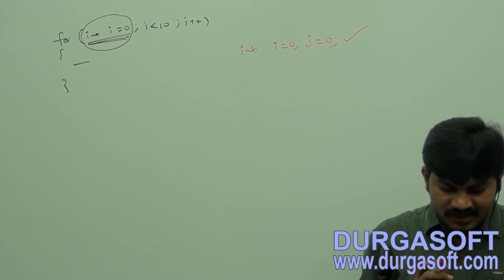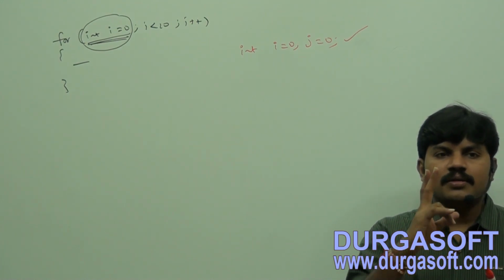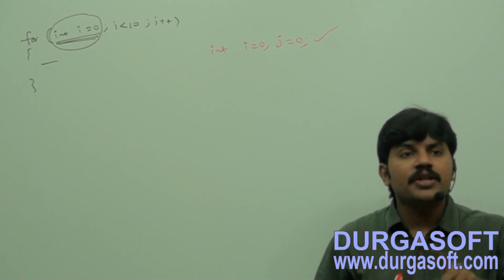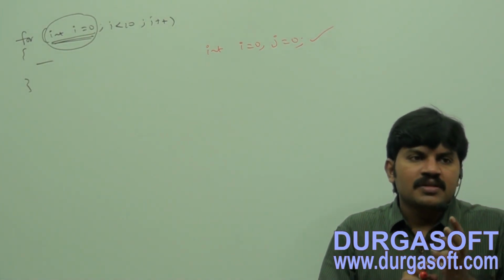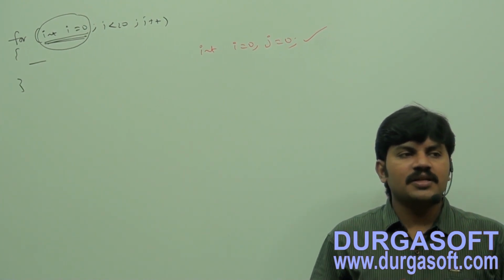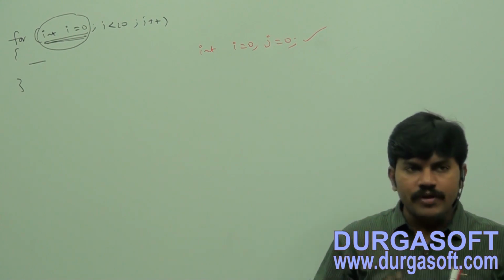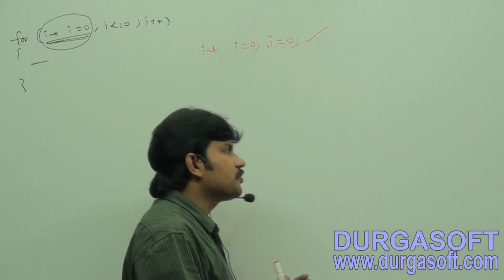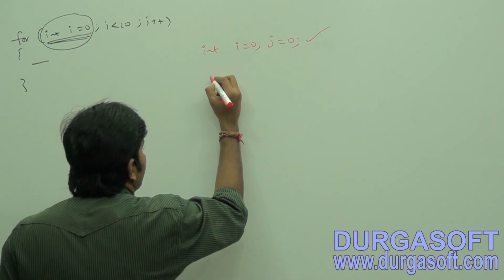Now my question is, listen, I want to declare two variables, but one variable is of int type and the other is of String type. In the initialization part, is it possible or not?